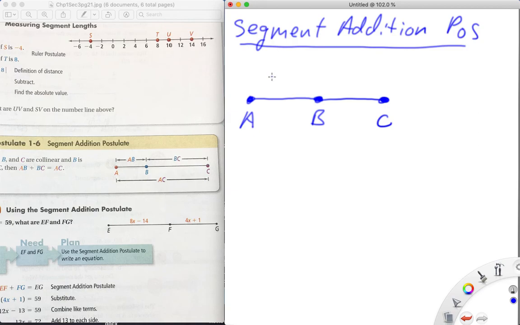Then I have the distance here, which is AB. I have the distance here, which is BC. And then I have the overall distance, which is AC.